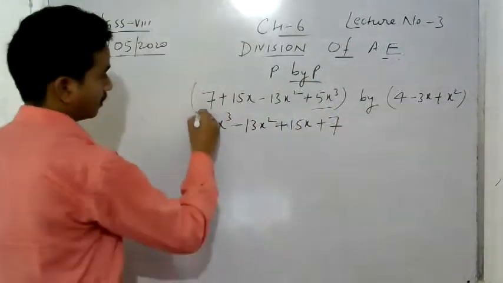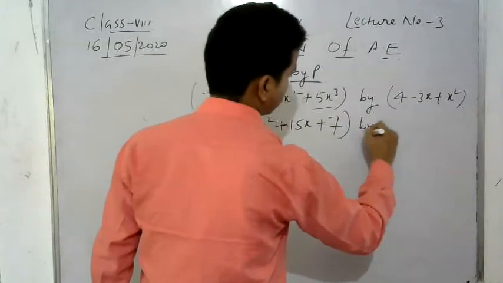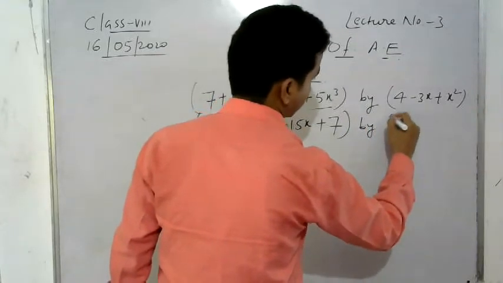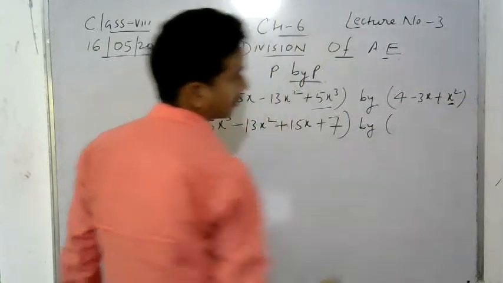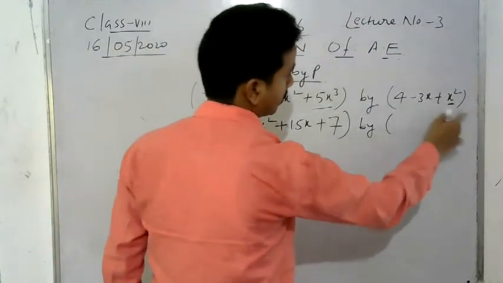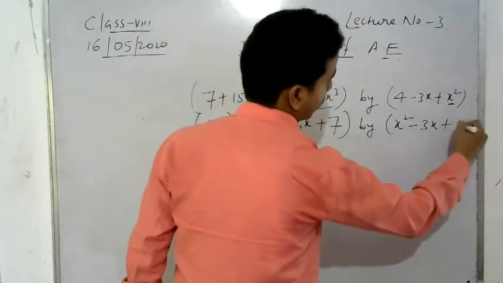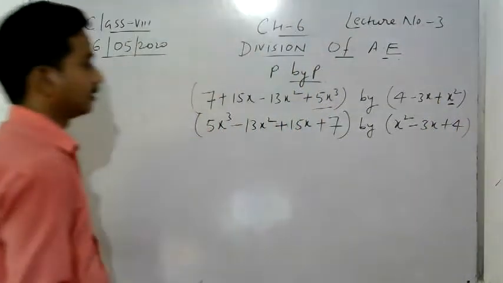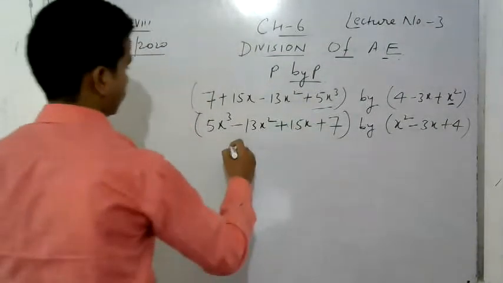So here, now you have to divide this by this. Again arrange it. The term containing the highest power of x is x square. Write it first. The next term is negative 3x, and lastly write the constant term. Now you have to divide this term by this.